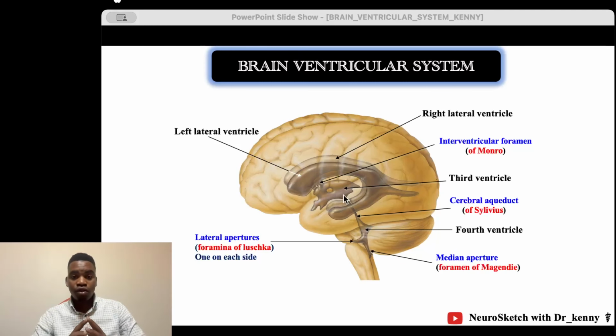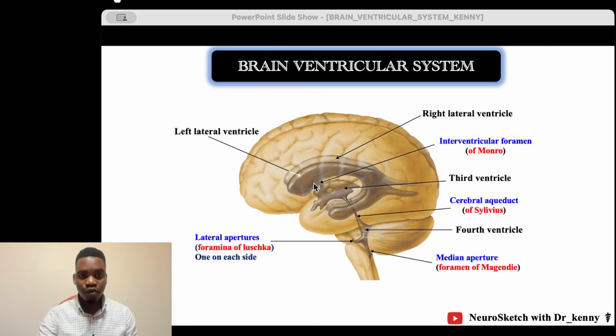So we should have gates, something like doors, between the lateral ventricles and the third ventricle. What is the name for that gate? That would be the interventricular foramen, also known as the foramen of Monroe.